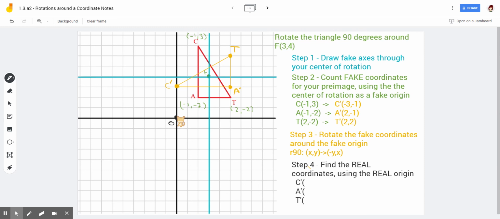So C prime is at 0, 1, 2, 3. A prime is at 1, 2, 3, 4, 5, 1, 2, 3. And T prime is at 5, 1, 2, 6.